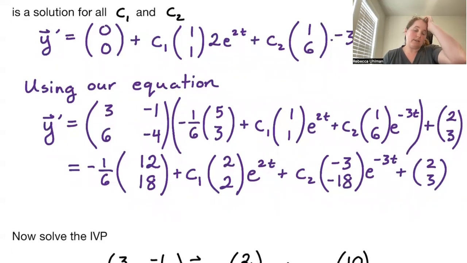That -1/6 times 12, 18 cancels out precisely with our 2, 3. So we do get the 0 vector, or just nothing.